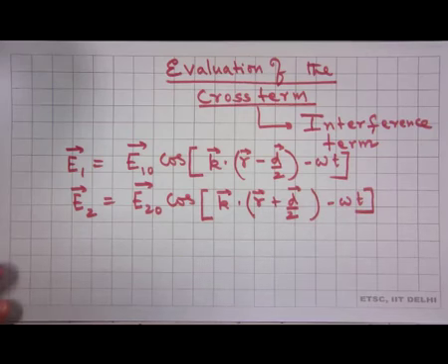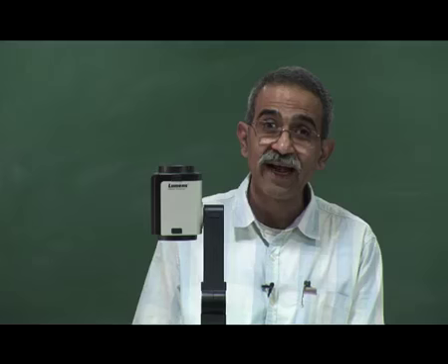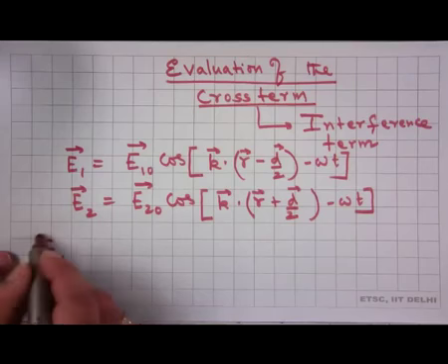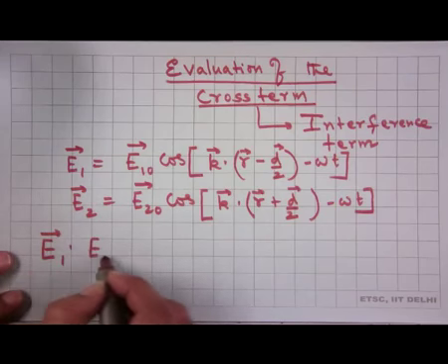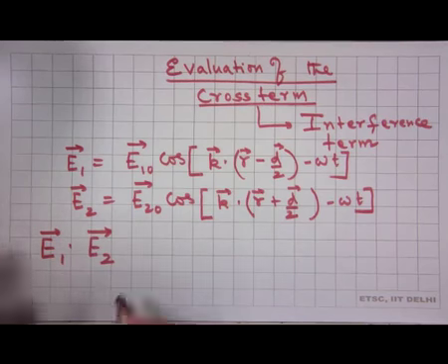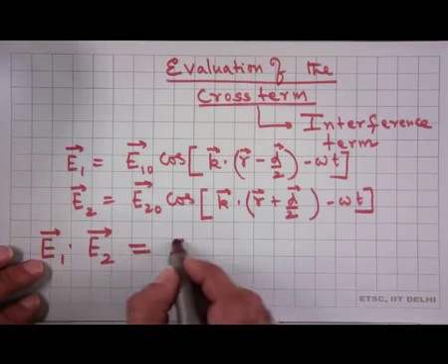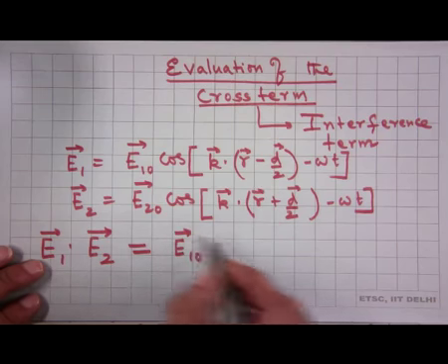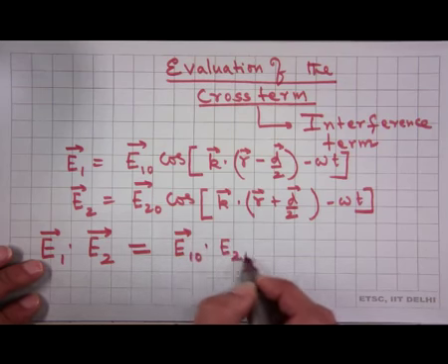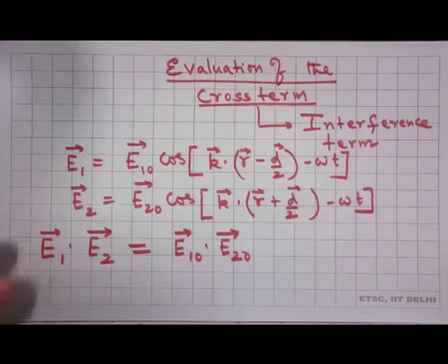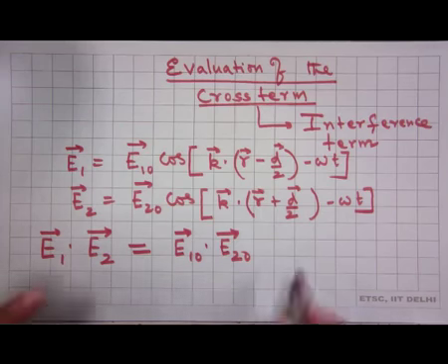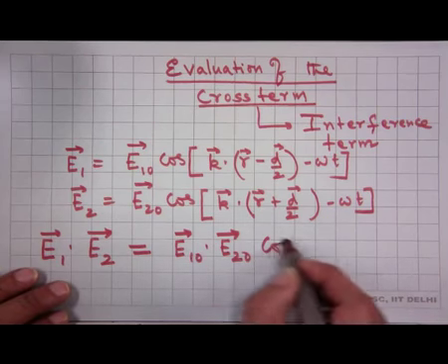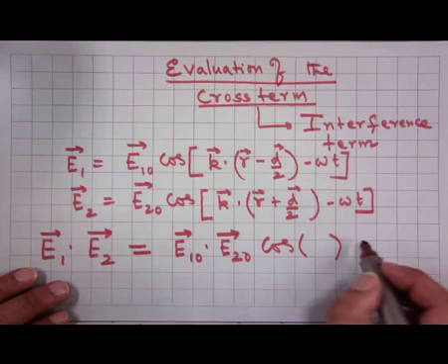I want to take their dot product because I have already added them up and squared them. Therefore, I want to evaluate E1 dot E2. So what is this quantity? This is nothing but E1 0 dot E2 0. This is a term which you would not encounter with sound waves, for example. So this is the term that is going to be important for us, and I am going to write the expression for the two cosines.